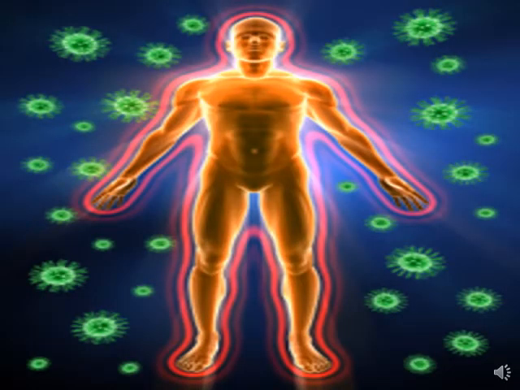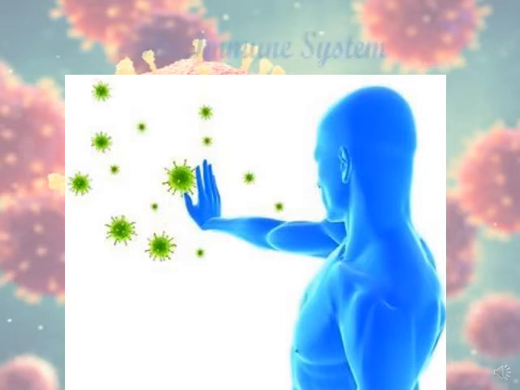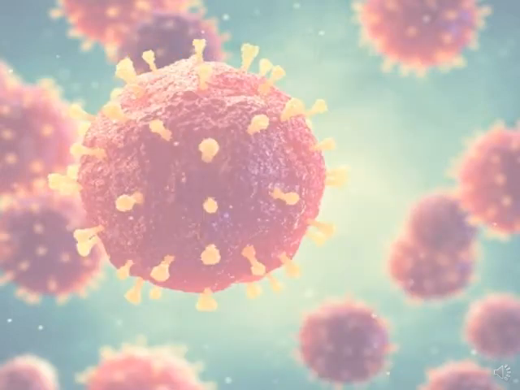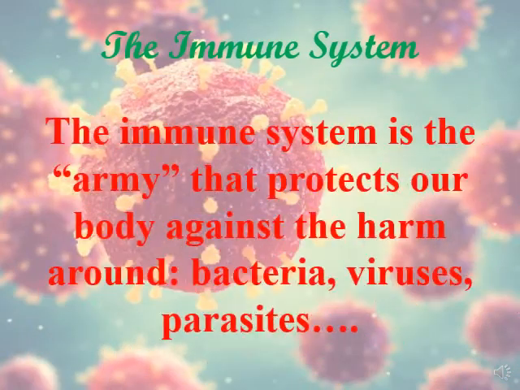How can we survive in such an environment? So here we have to talk about the immune system. The immune system is defined as the army that protects our body against the harm around us, like the bacteria, the viruses, the parasites.